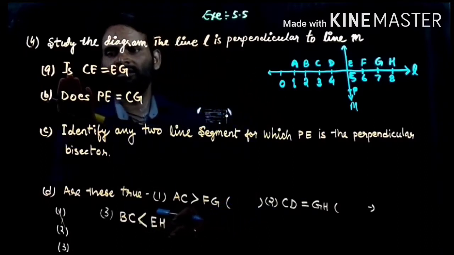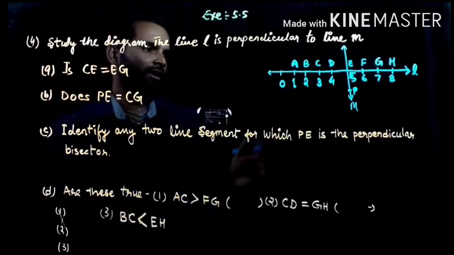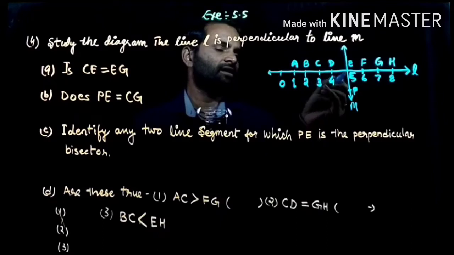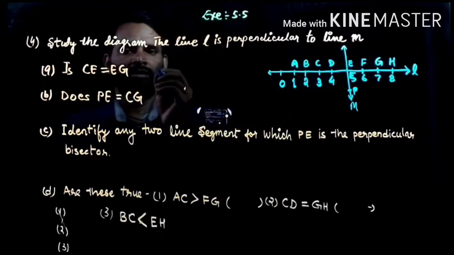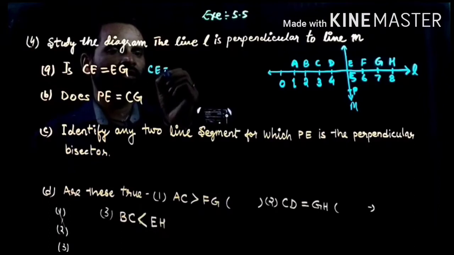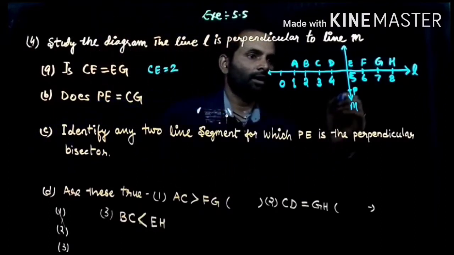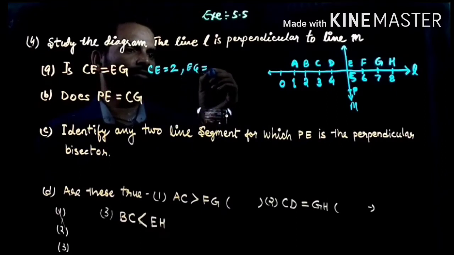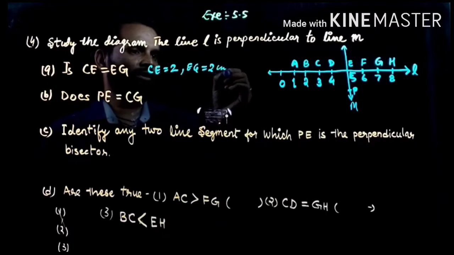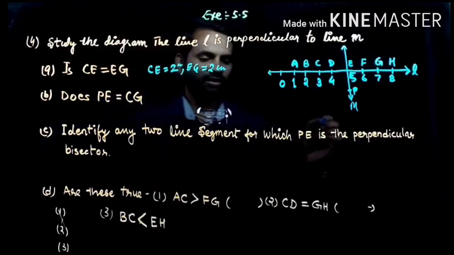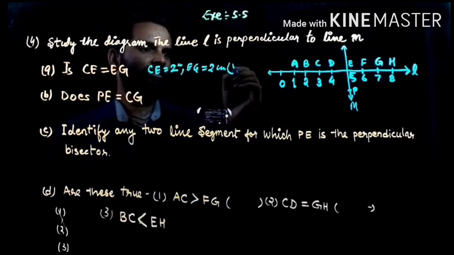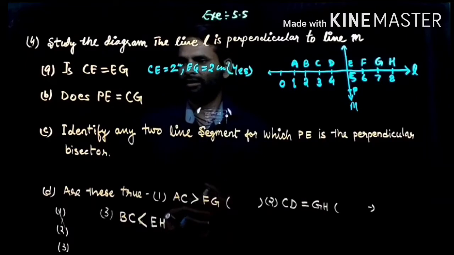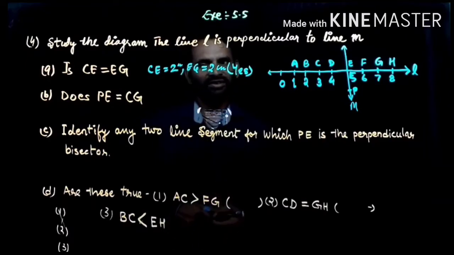The first question is CE and EG. CE is 2 centimeters, and EG is equal to 2 centimeters. It means the first answer is yes. Okay, second, is PE equal to CE?